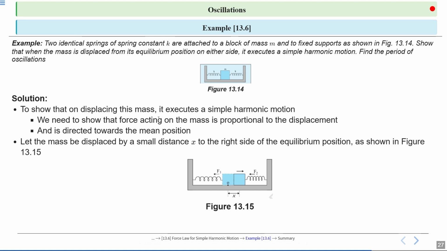Suppose we move the mass a small distance x to the right from its equilibrium position. Both springs will either stretch or compress, and we need to analyze the forces they exert on the block. The direction and magnitude of these forces will determine if the motion is truly simple harmonic.